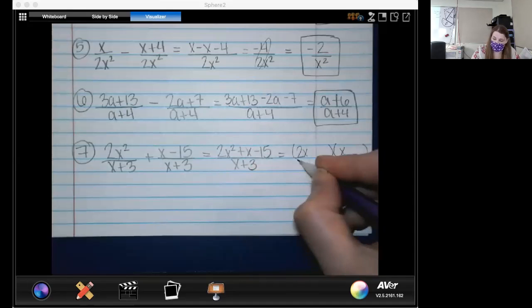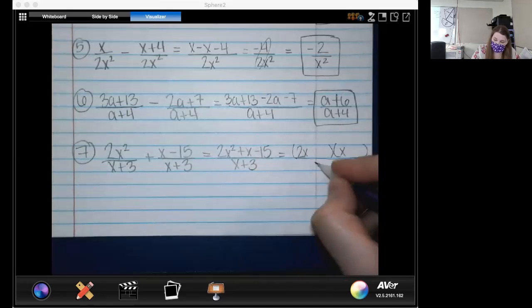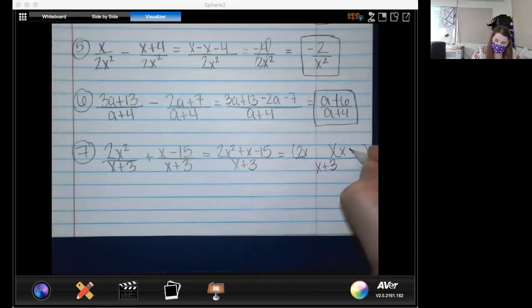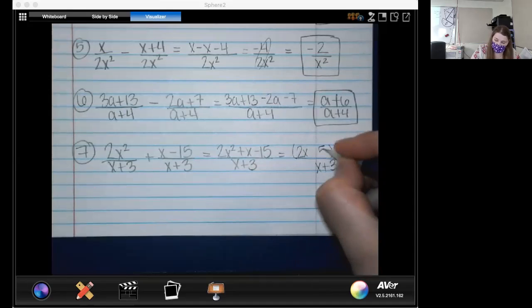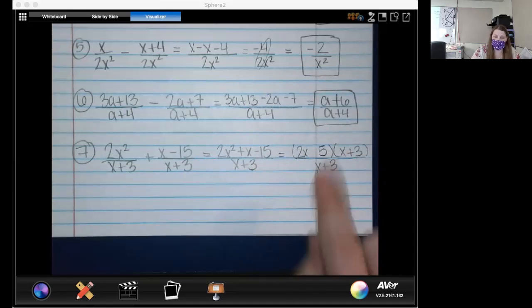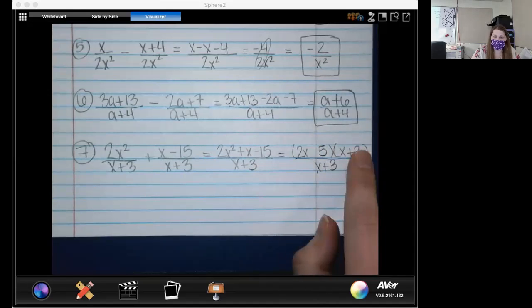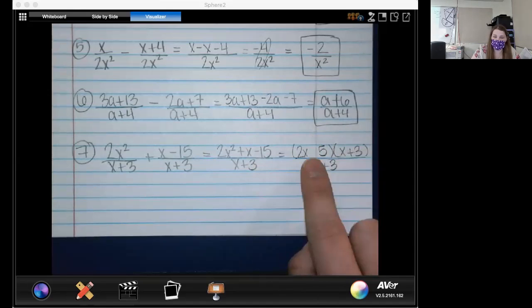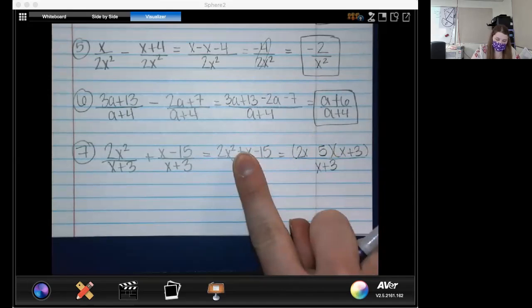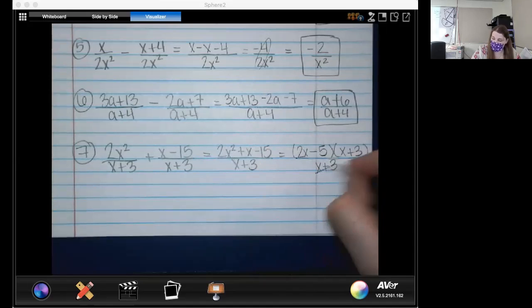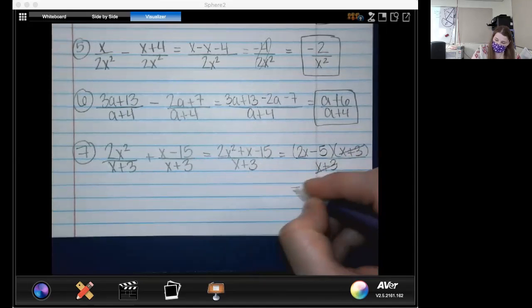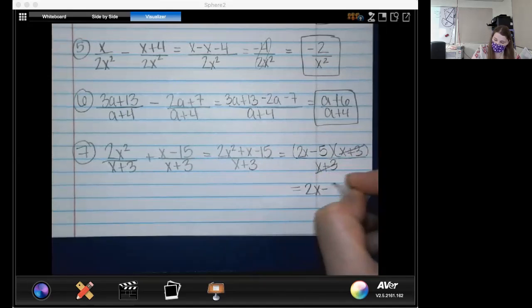We already are ideally thinking that x plus 3 is going to be one of the factors. So if that's true, then we would have to have a 5. And to make that work, 2x times 3 is 6x, 5 times x is 5x. So to get it to positive x, this would be a -5, which means x plus 3 would simplify, which gets 2x minus 5.